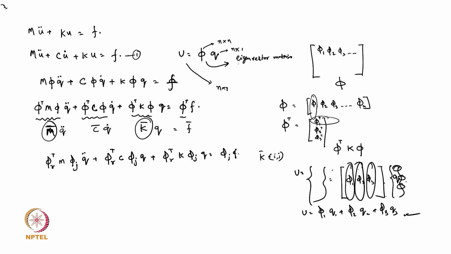Now if you see phi transpose K phi, so phi r transpose K phi j will become 0. And therefore your full matrix will become a diagonal matrix.